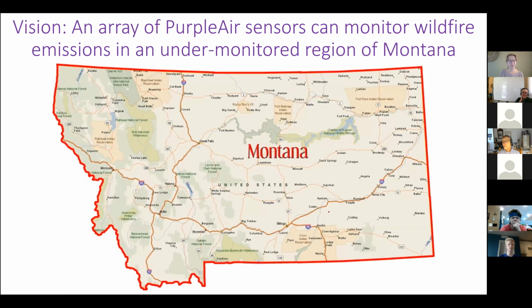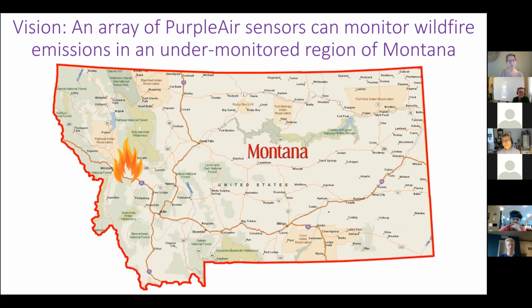Next, I want to talk about a vision we have for how we can move forward with these PurpleAir sensors. So we had an idea that we could have an array of PurpleAir sensors that can monitor wildfire emissions in an under-monitored region of Montana. So you might be familiar with hearing about wildfires in places like California, but there are just as many big and devastating fires in other places like Montana.